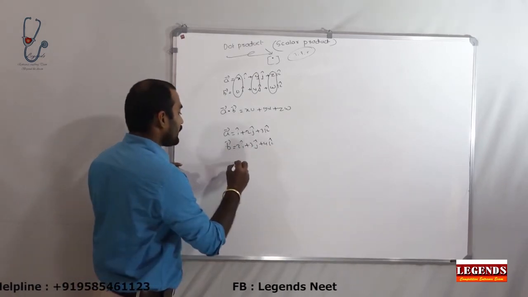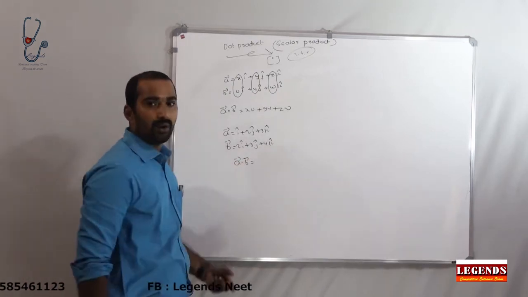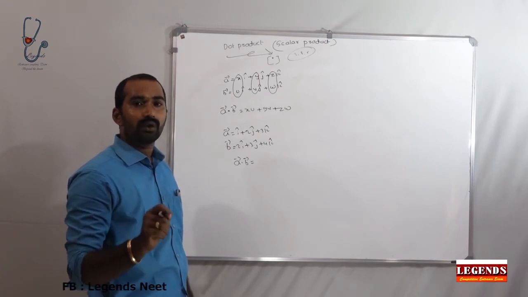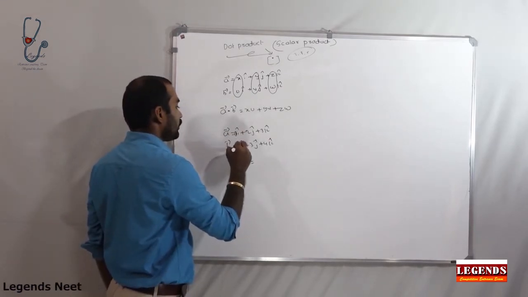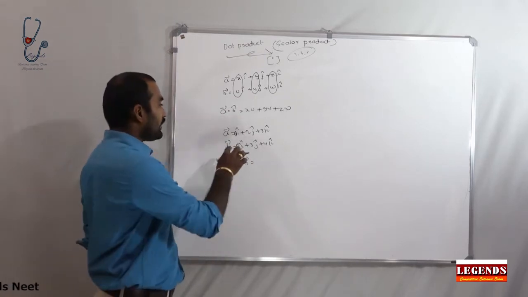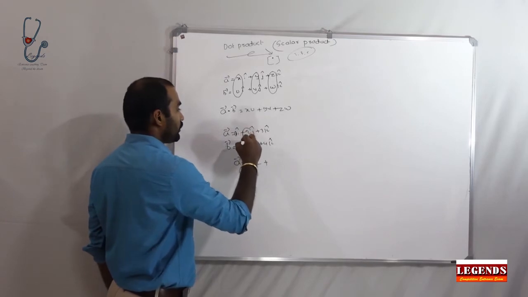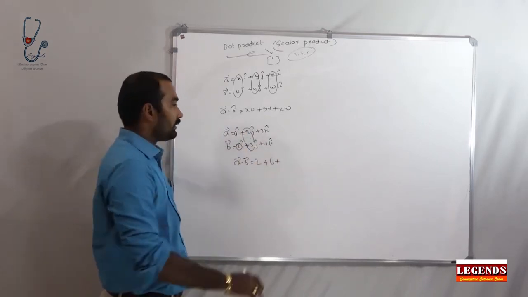Now I am taking the dot product of a and b. How can we take the dot product of a and b? First take the product of the coefficients of i. Here the coefficient of i is 1 and here it is 2. The value of 1 into 2 is 2. Next the coefficient of j: 2 into 3 is 6. Again, 3 into 4.